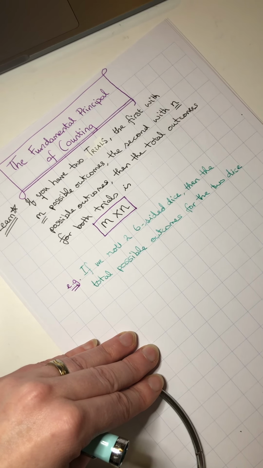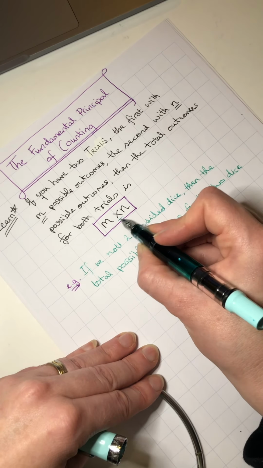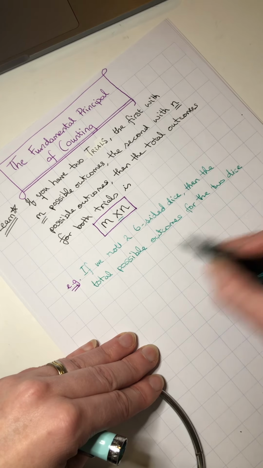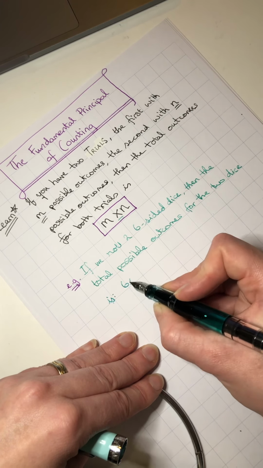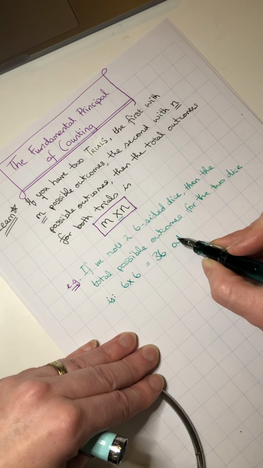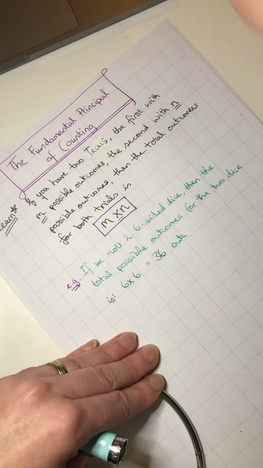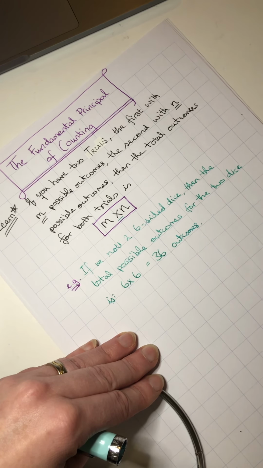And we might think the total possible outcomes is 12. Instinctively, we tend to add them, but the fundamental principle of counting tells us we must multiply them. So the total possible outcomes for the two dice is 6 multiplied by 6, 36 different outcomes when we have two six-sided dice.